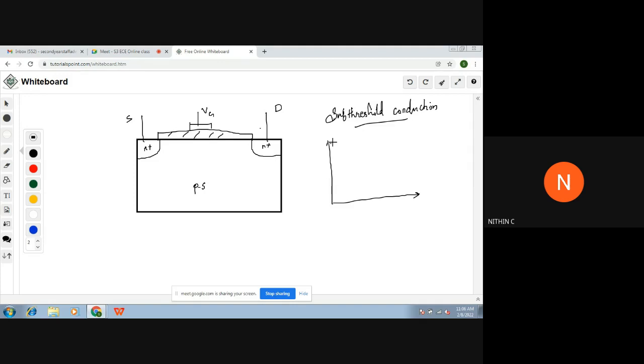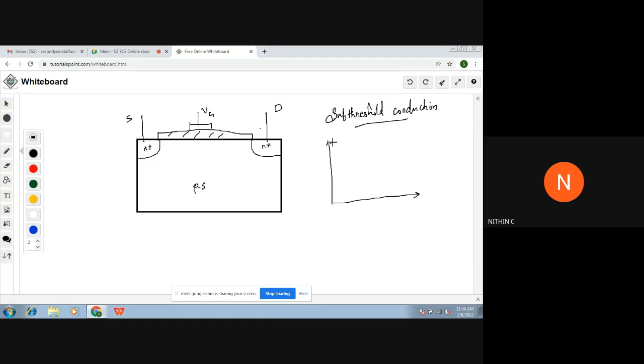Can anyone tell? It is voltage and current, obviously, but which voltage and which current? There is only one current that we deal with in MOSFETs, and that is ID.